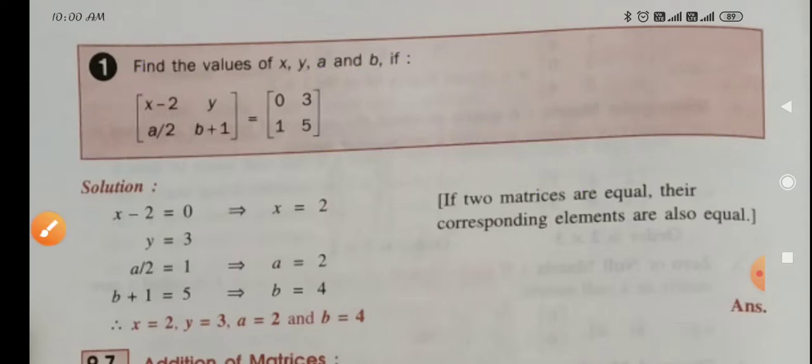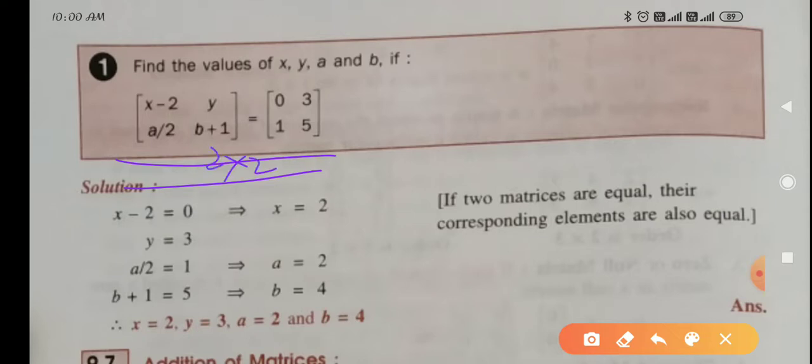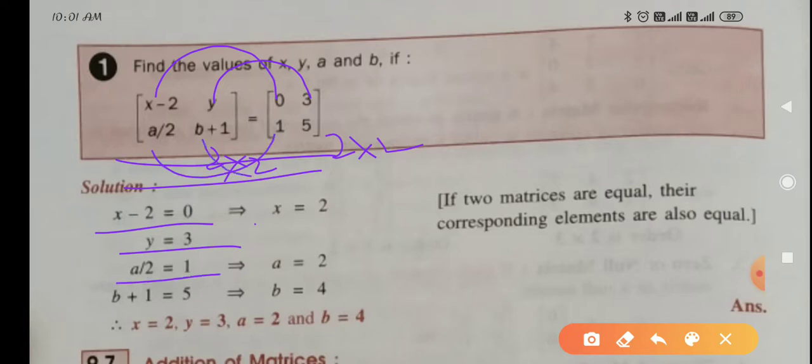Now in the example you will understand more clearly. You can see here two matrices are equal. First of all you can see the order. First matrix, second matrix, both are of order 2 by 2. So the orders are matching, so they may be equal. Second thing, corresponding elements are the same. First element is equal to the first element of the other matrix. x minus 2 is equal to 0, y is equal to 3, a by 2 is equal to 1, b plus 1 is equal to 5.